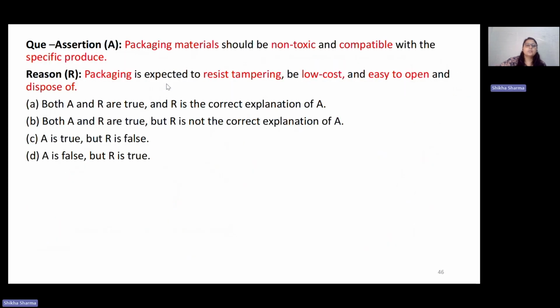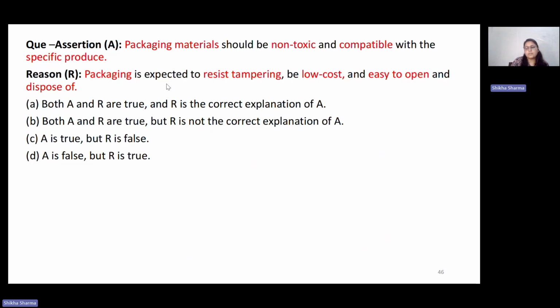Okay, so let's discuss the packaging now. In the assertion, it is saying that the packaging material should be non-toxic and compatible with the specific product or produce, and the reason is that the packaging is expected to resist tampering, be low cost and easy to open and dispose of.